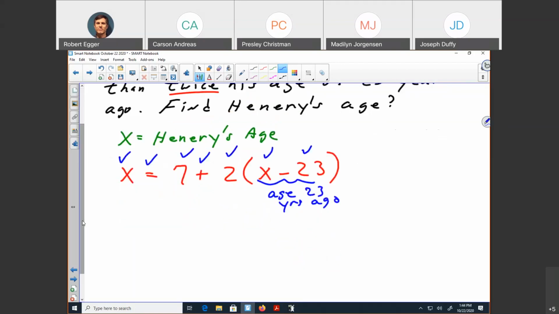Now we gotta finish this guy up. X equals 7 plus 2x minus 46.